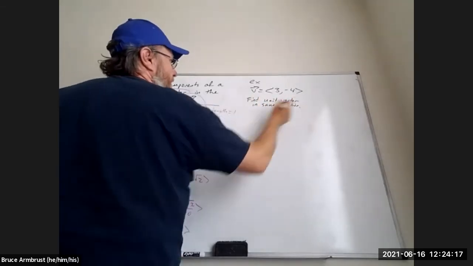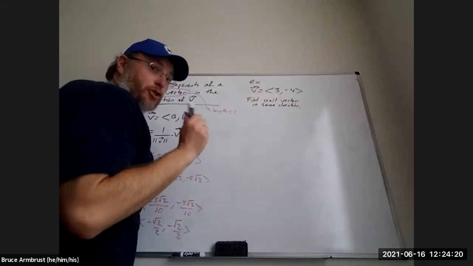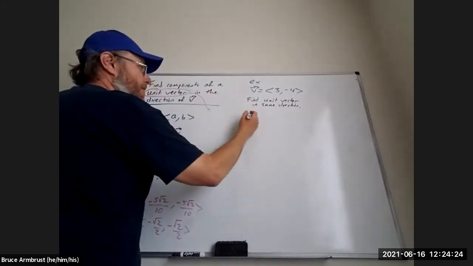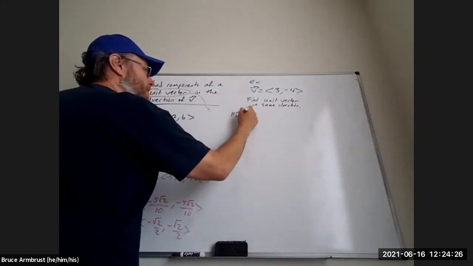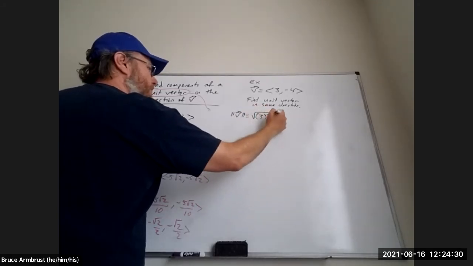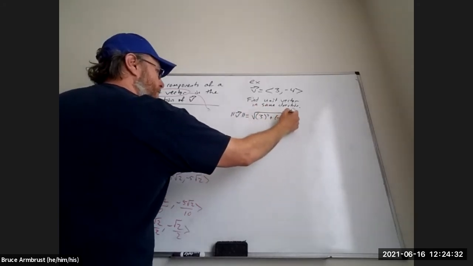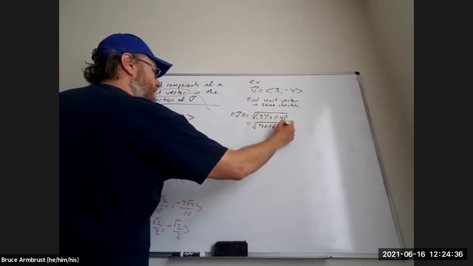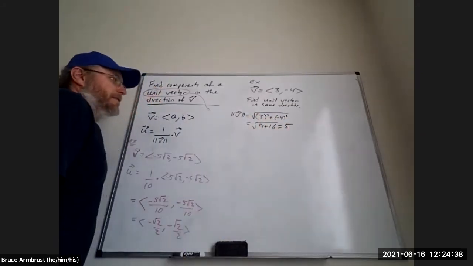So again, let's find a unit vector in the same direction. So first things first, we have to find the magnitude. So that's Pythagorean theorem. So square root of 3 squared plus negative 4 squared. Well, that's the square root of 9 plus 16, which is 5.